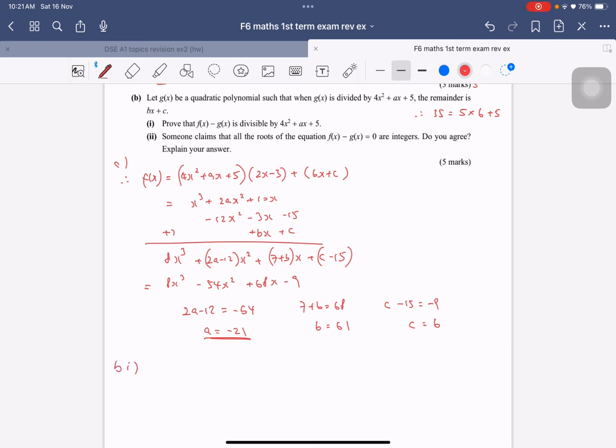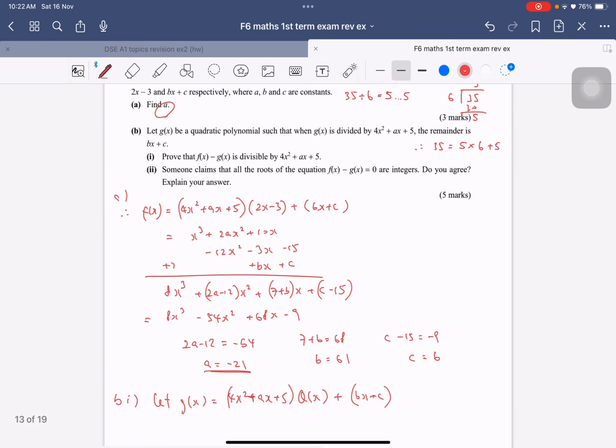We need to let g(x) be equal to (4x squared plus ax plus 5) times another quotient, just q(x), plus the remainder, which is bx plus c, because f(x) is not equal to g(x) in general. Now they ask you to prove that it's divisible by this 4x squared plus ax plus 5.